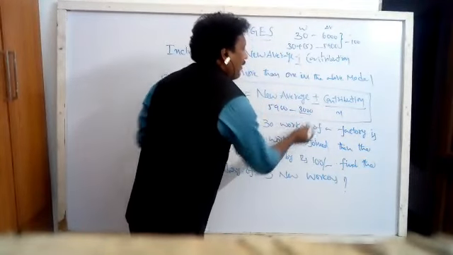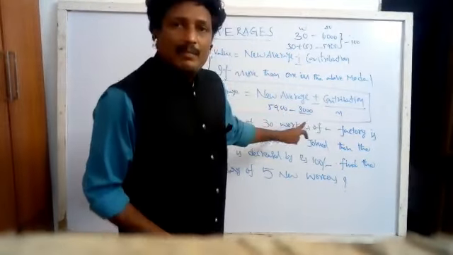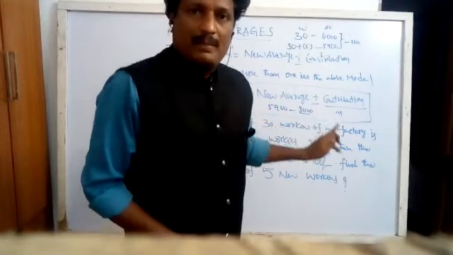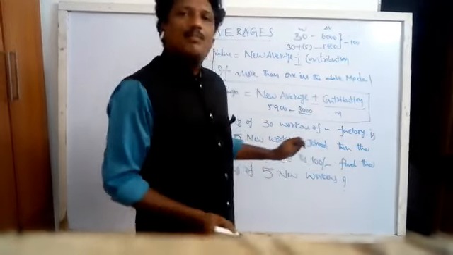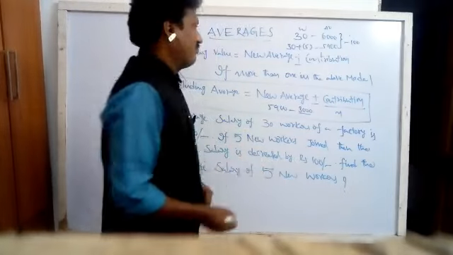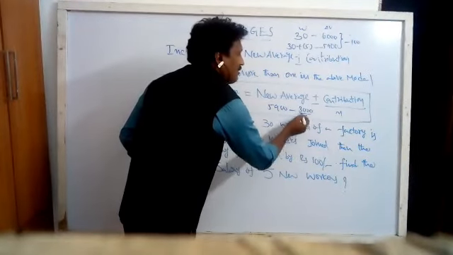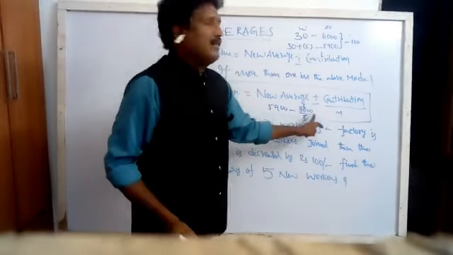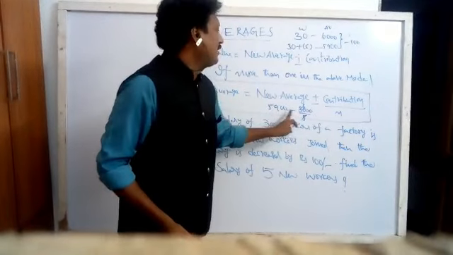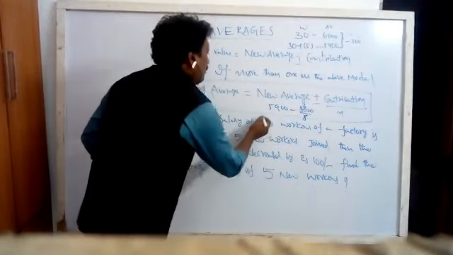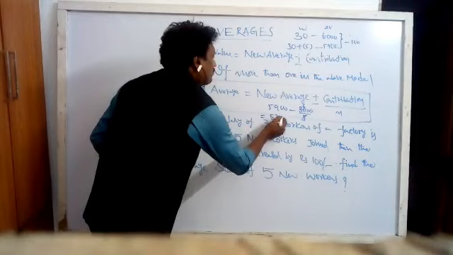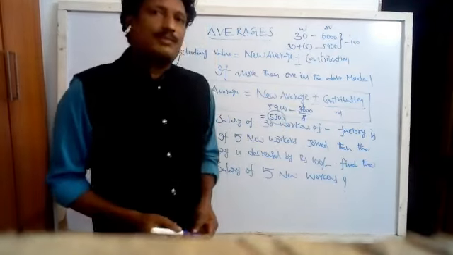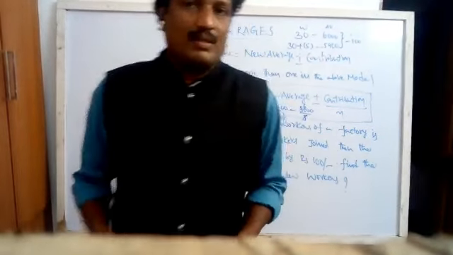Contribution divided by n, where n is the number of persons included. Here 5 are included, so divide by 5: 5 1 is 5, 6, so here 600. 5,900 minus 600 becomes 5,300. This is the answer, the average of the 5 new workers.